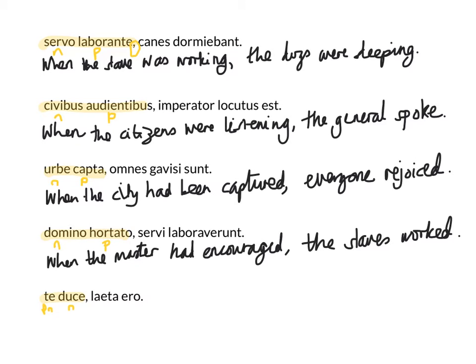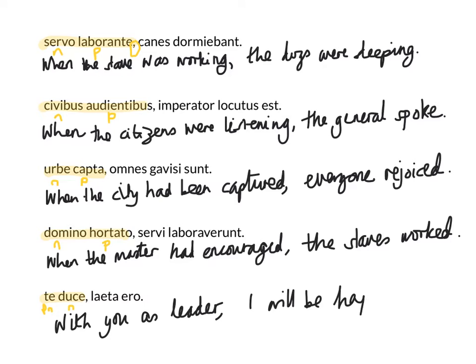And this one will just translate as with you as leader. Literally, it's with you, the leader. I could say when you are leader, but with you as leader is good. I will be happy. Feminine ending on laeta, because this is clearly a woman speaking.